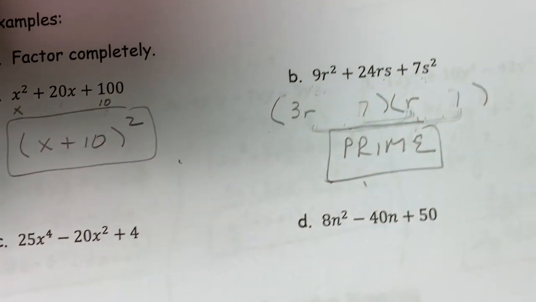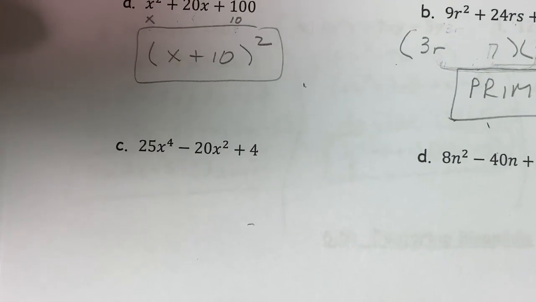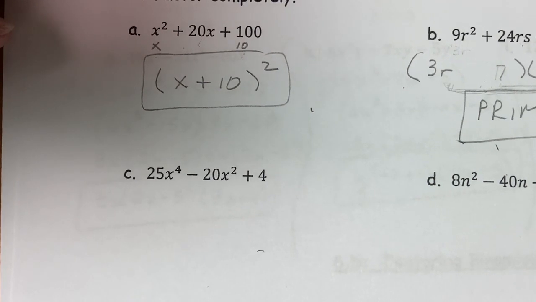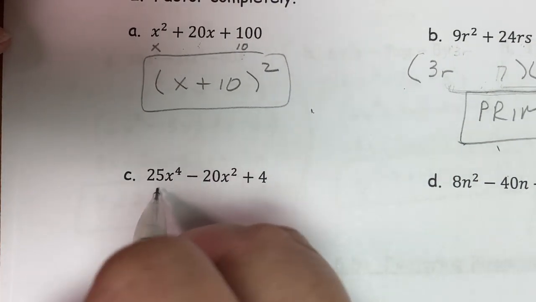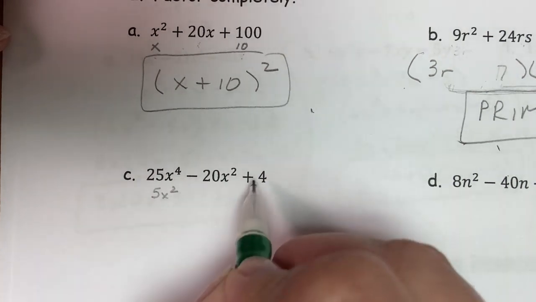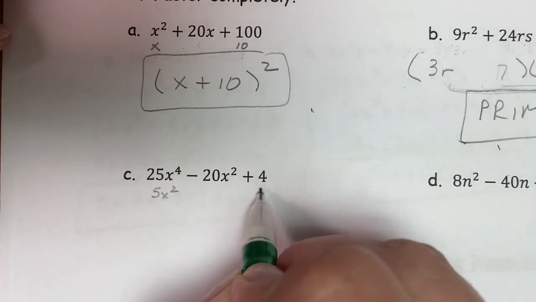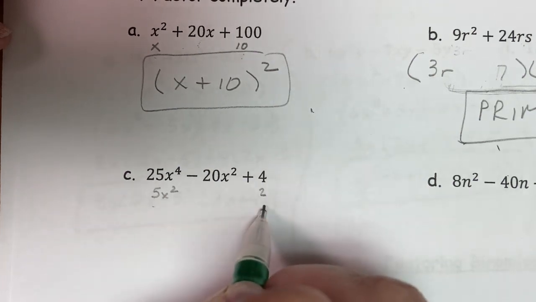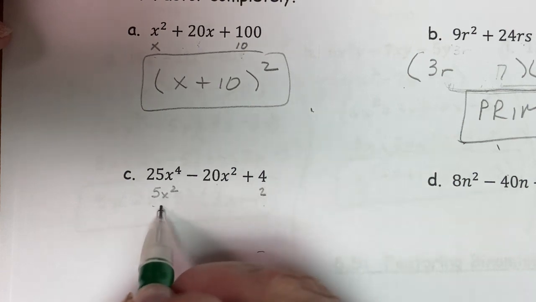All right, let's move on to C. Again, what you want to do is check really quickly. Is it a perfect square trinomial? Well, let's do the check. Can I take the square root of the first term? Yes, it's 5x squared. Can I take the square root of the last term? I sure can. It's 2. If I multiply these two roots and double it, do I get the middle term?